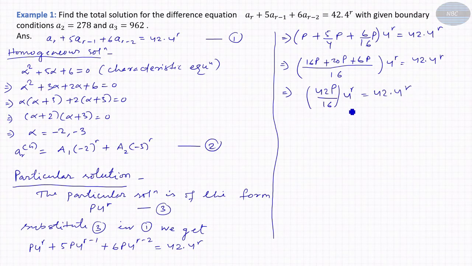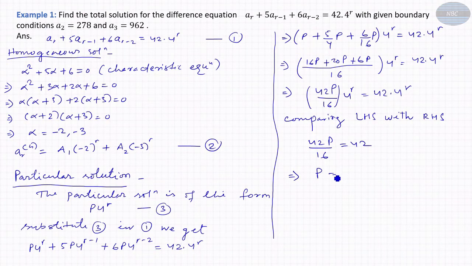Okay, so comparing left hand side with right hand side, we get 42p by 16 is equal to 42, which implies p is equal to 16. So this is the value of p we got here.